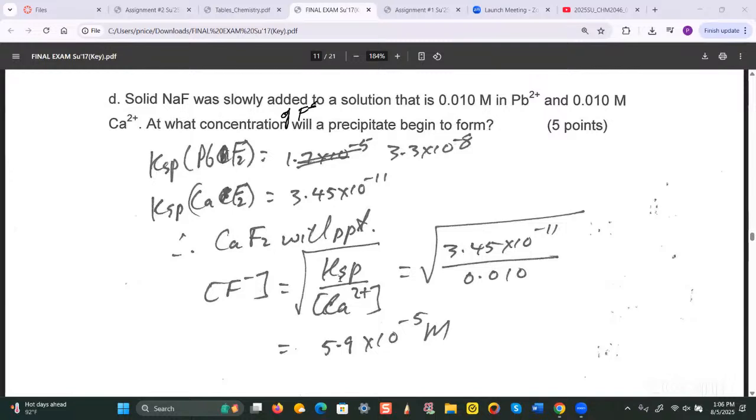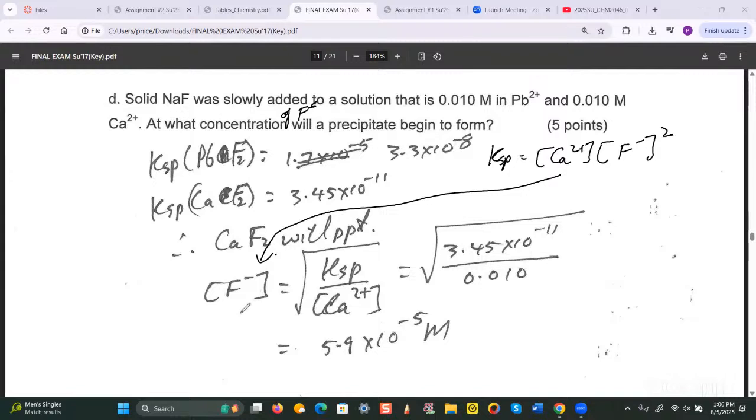So we're going to use the Ksp for the calcium fluoride to determine the concentration of the fluoride. Now, of course, I skipped a step here. Based on the expression for Ksp, which is the concentration of Ca2+ times the concentration of F minus squared, basically what I did was rearrange this to get an expression for the concentration of F minus. That would be Ksp divided by the calcium ion concentration, and then you find the square root of all of that.